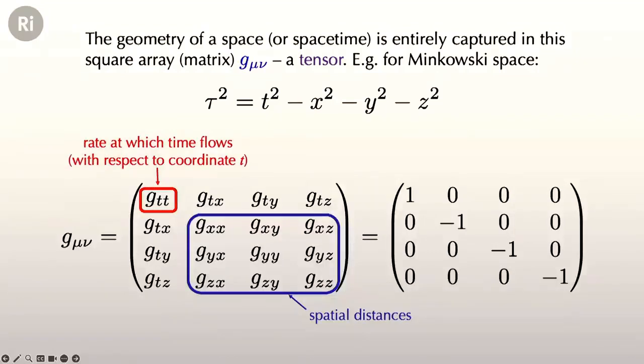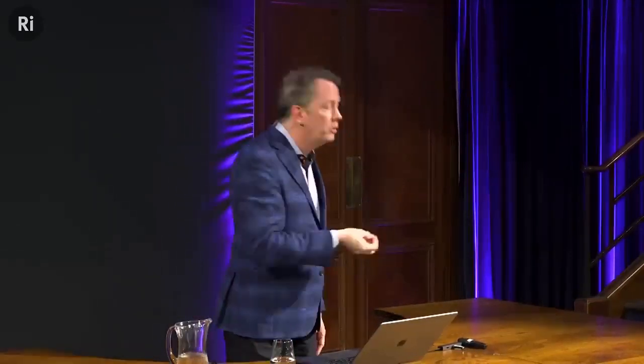GTT, what is that doing? It's telling you how fast time flows. Now, that's an entirely preposterous idea, how fast time flows, because time flows at 1 second per second. There's no other rate at which time will ever flow, it never flows at 2 seconds per second, okay? But the time that you experience, tau, can flow at different rates with respect to the time coordinate.